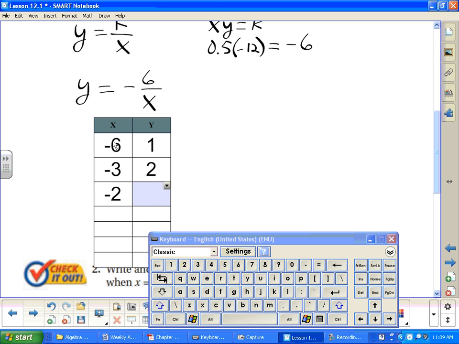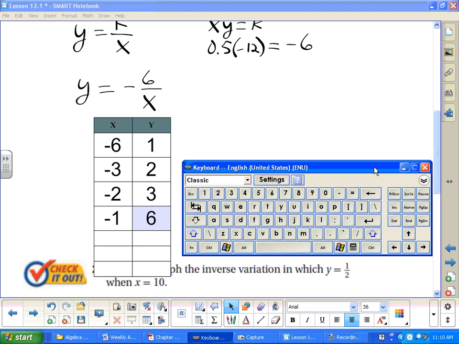And negative 6 divided by negative 2? 3. And then we'll do negative 1. And negative 6 divided by negative 1 is 6. All right, so there's part of our table. We're using the factors of k to make our table.